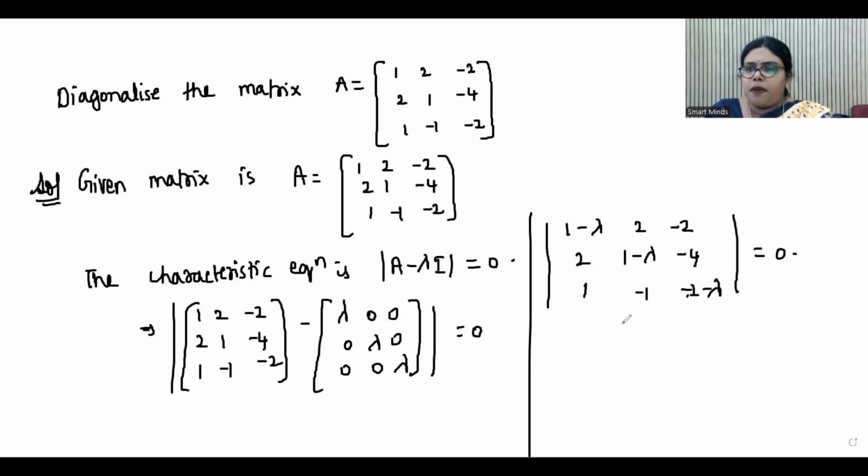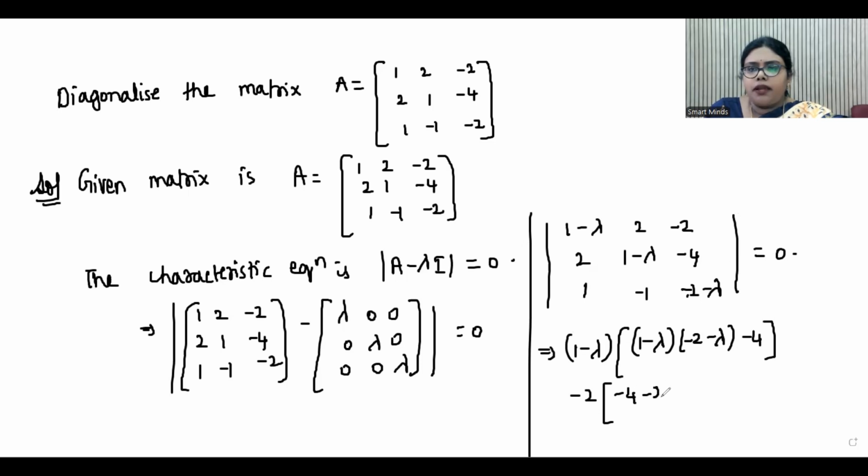Now we need to expand this determinant. So if you expand, what will you get? (1 minus lambda) into (1 minus lambda) into (-2 minus lambda) minus 4, minus 2 into (-4 minus 2 lambda plus 4), minus 2 into (-2 minus 1 plus lambda) is equal to 0.